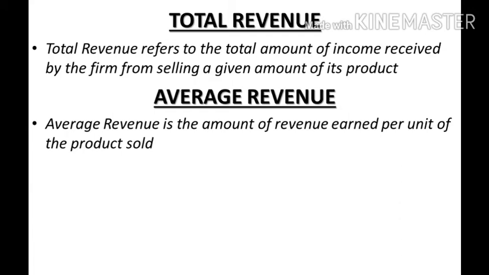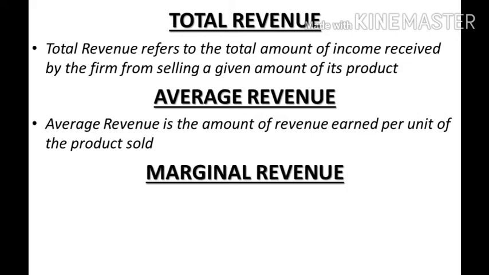Keeping that in mind, if all the units are sold at the same price, then obviously average revenue is the price of the commodity. Average revenue is the per unit income earned by selling a unit. So if you are selling all the units at the same price, that means price is equal to average revenue, P is equal to AR.